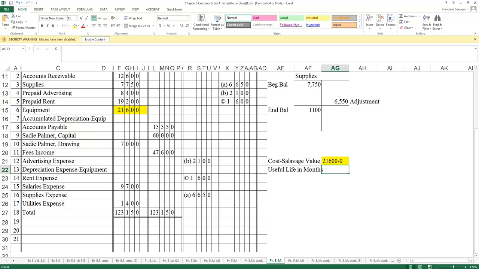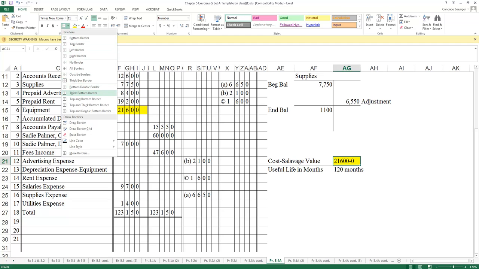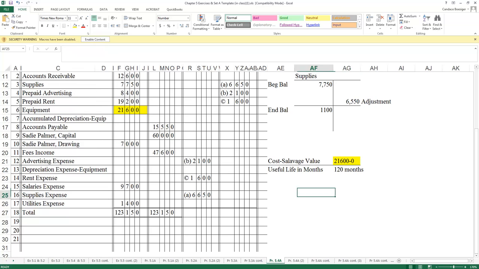Useful life in months, 120 months. So that means we're going to take a depreciation adjustment every single month of $180.